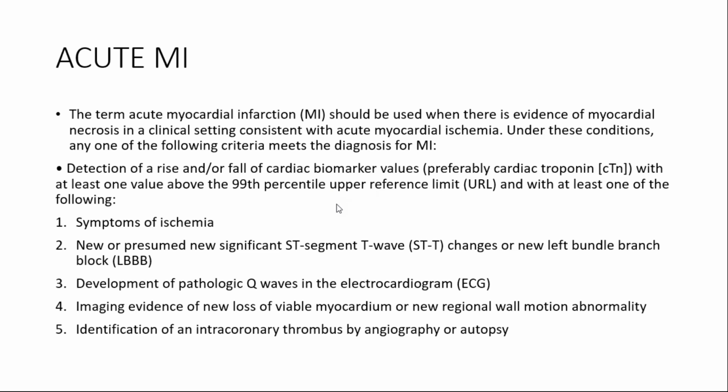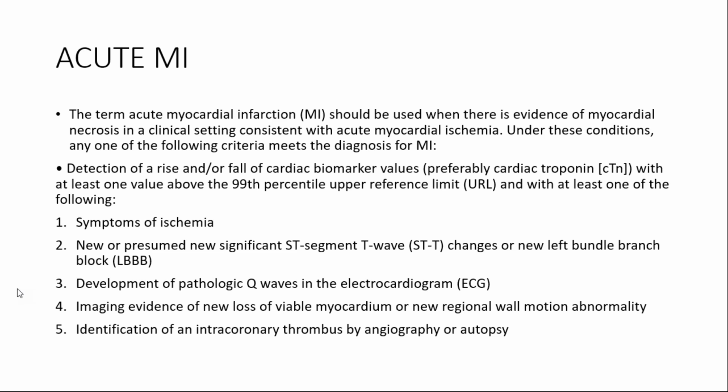one of the following. This whole is the definition: the patient develops symptoms of ischemia, new ST elevations or new left bundle branch block, development of pathological Q waves, and there is imaging evidence of loss of viable myocardium, which is usually seen on echocardiography as RWMA, regional wall motion abnormality.